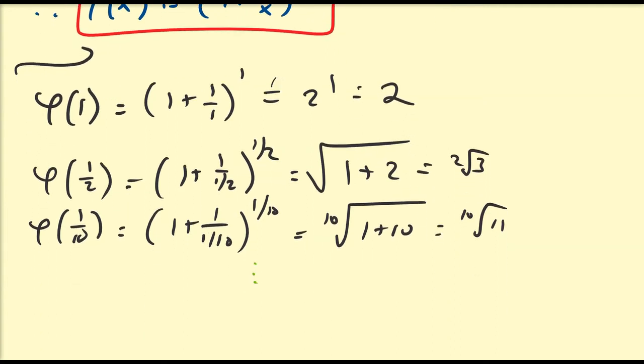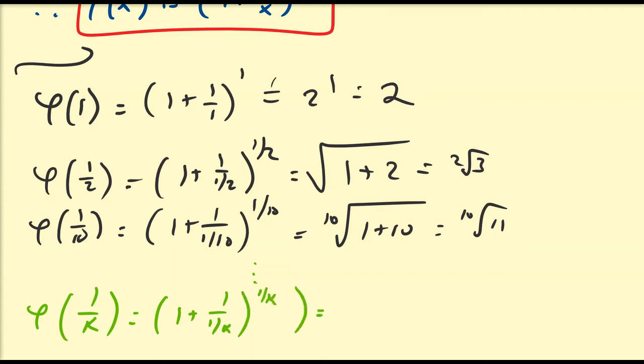So you should be able to verify by just looking at this pattern that phi of 1 over k is going to be equal to 1 plus 1 over 1/k to the power of 1 over k, which is just going to be equal to the kth root of k plus 1.